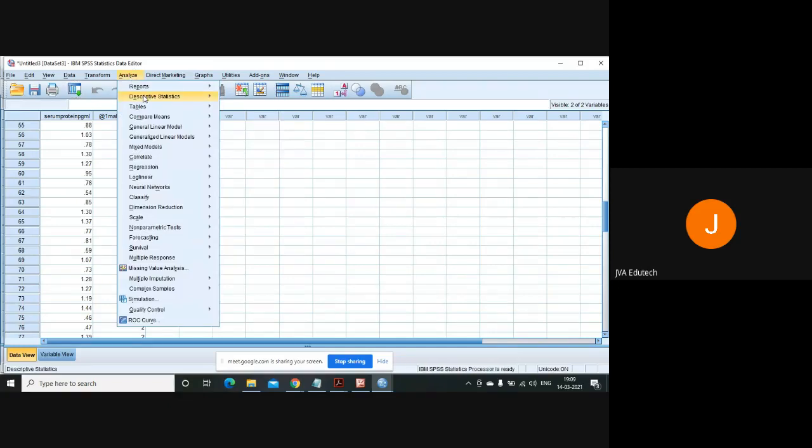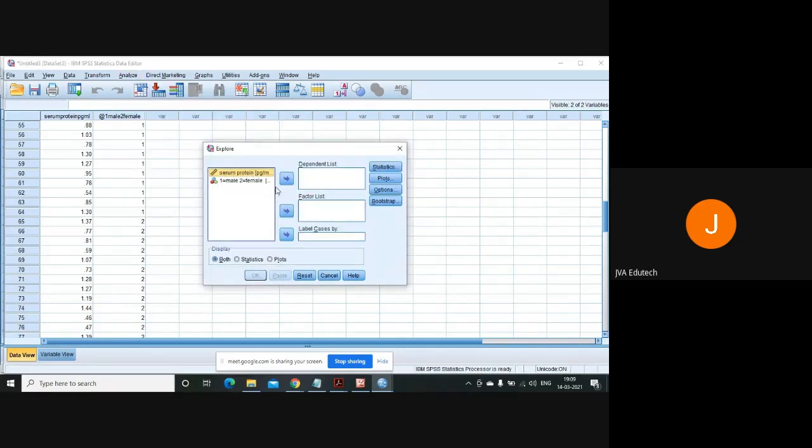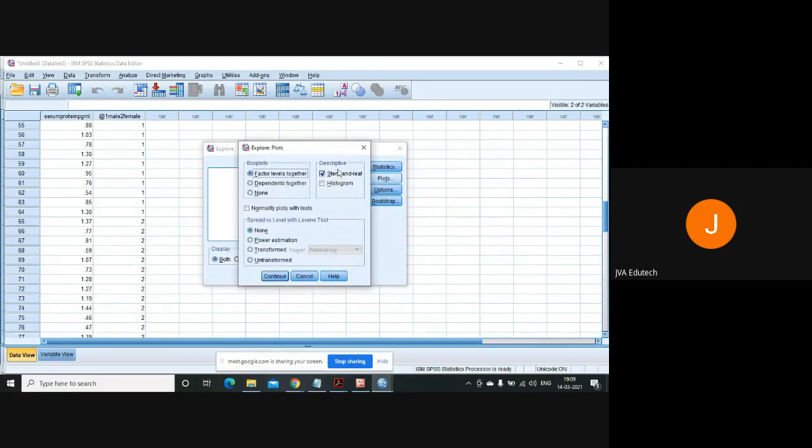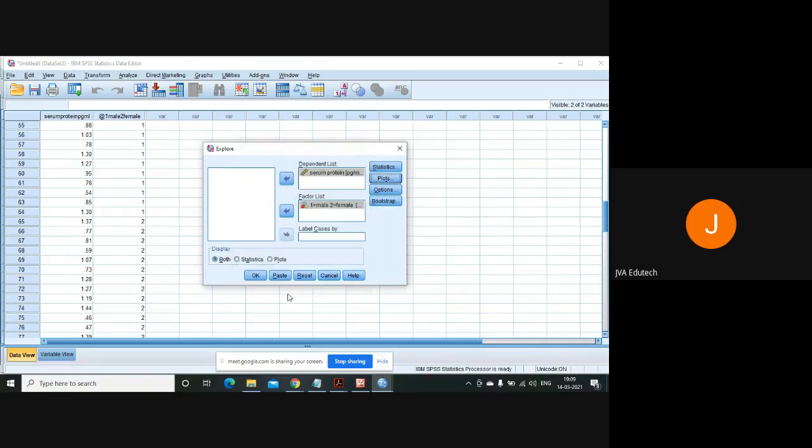Again, you will go to analyze, descriptive statistics, explore, take this serum protein into dependent list and this male and female into this factor list. And then you select this plots. Okay, normality plot with test, and continue.